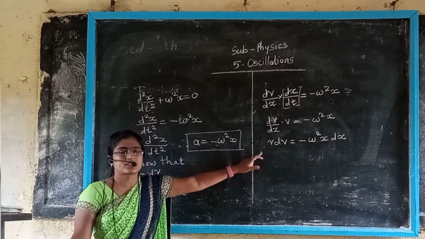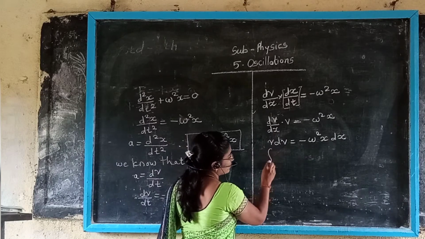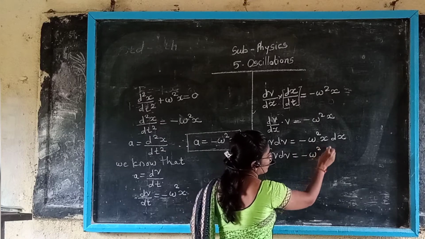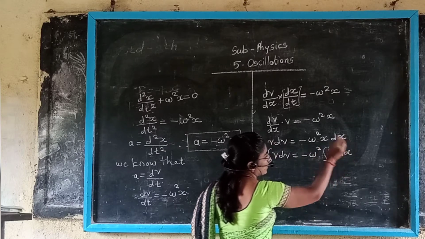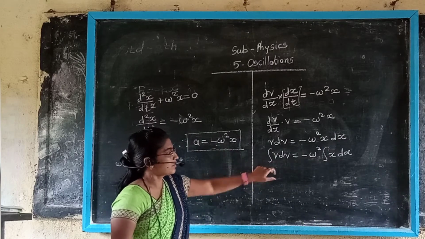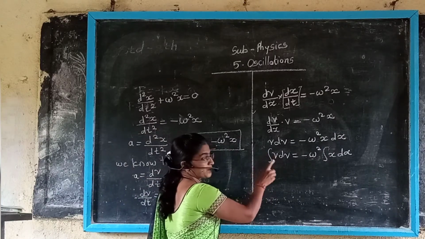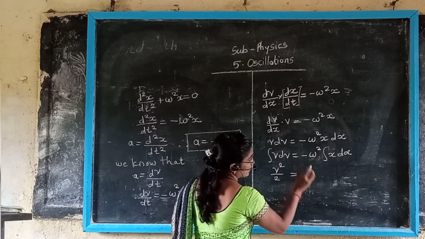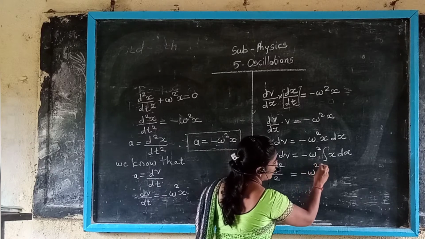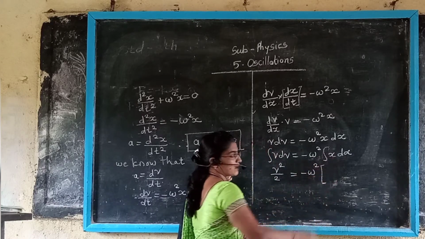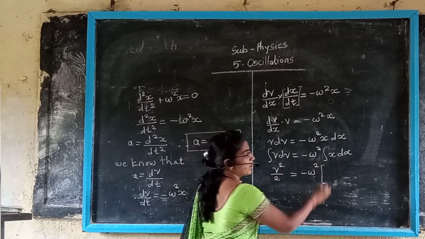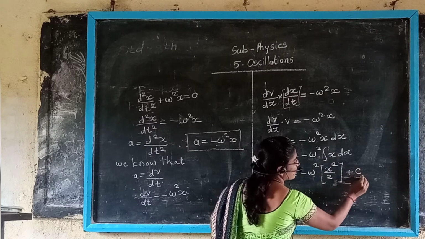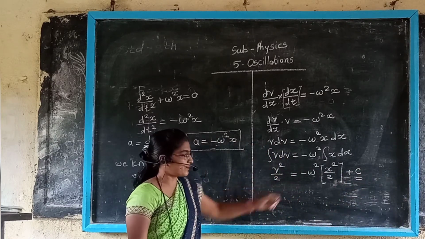Taking integration on both sides, integral of v dv is equal to minus omega square integral of x dx. Here, integration of v dv is v square by 2, and integration of x dx is x square by 2 plus c, where c is the constant of integration.